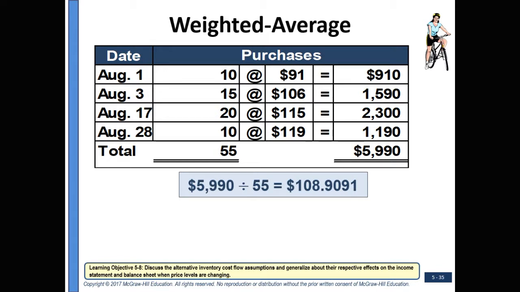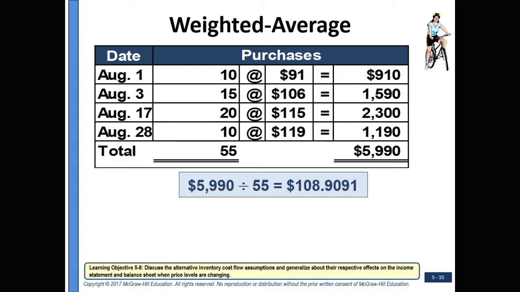Looking at their August inventory, the total number of units available was 55. It's comprised of the first 10 units that were there at the beginning of the month, and then the purchases on August 3rd, August 17th, and August 28th. We extend each of those purchases out to what they were at the point of receipt. So August 3rd, we purchased 15 units at $106.